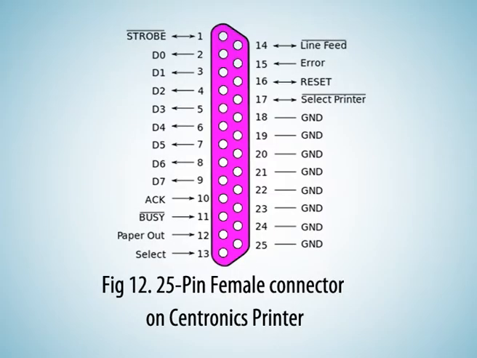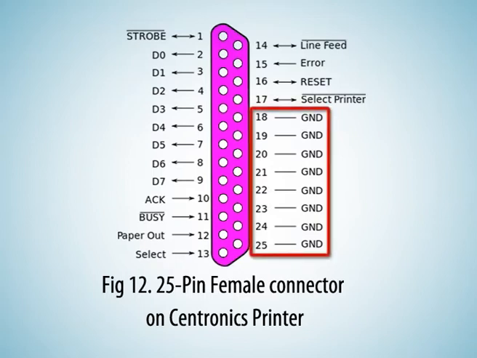In addition to the above mentioned 8 plus 4 plus 5, or 17 wires, it provided 8 ground wires to connect the PC's ground with the printer's ground pins. In all, the printer cable had 25 wires as enumerated above.